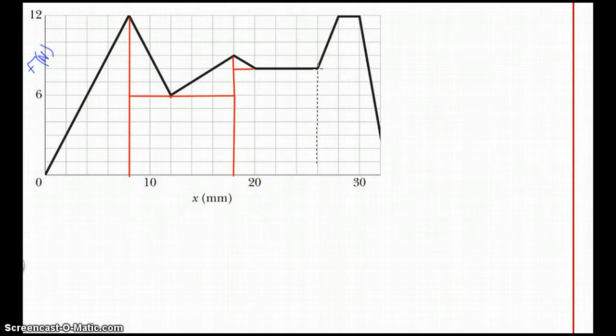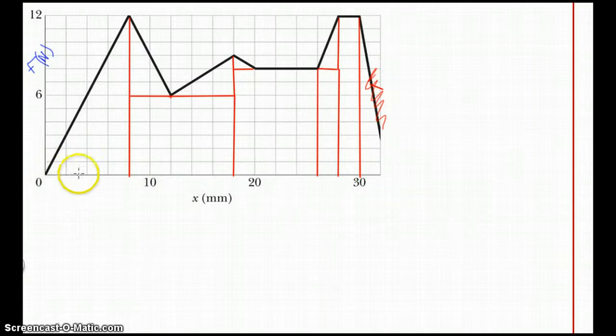We would have a rectangle here. We could set this up into a triangle, a rectangle, and the question specifically asks as it is going through 30 millimeters. So we're ending right at this point. So we don't really care about this part.